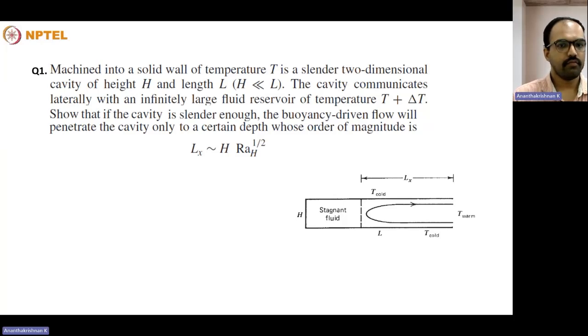So this requires a bit of scaling analysis where we need to show that this particular formula is satisfied for the buoyancy driven flow.